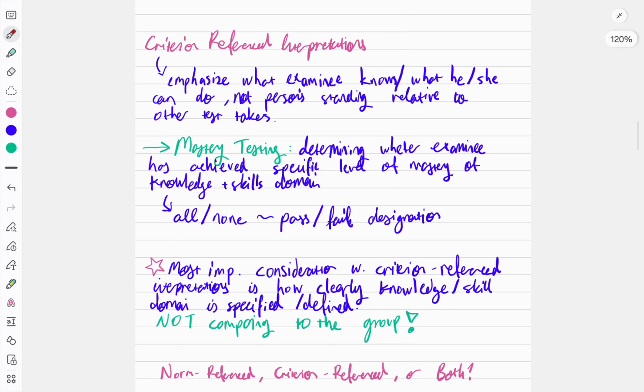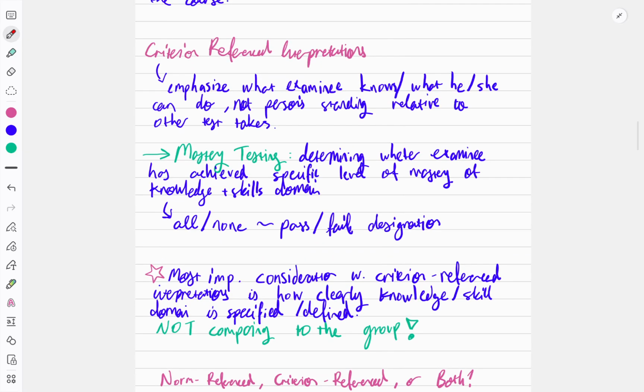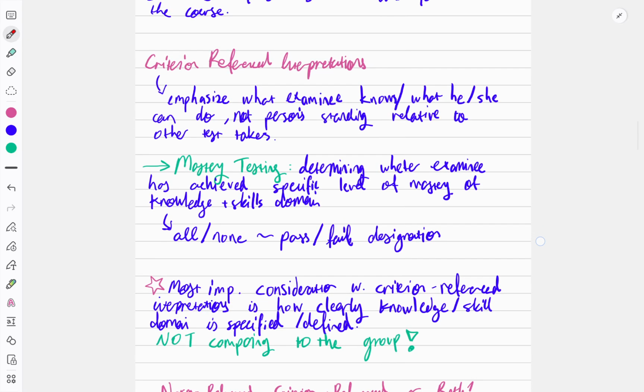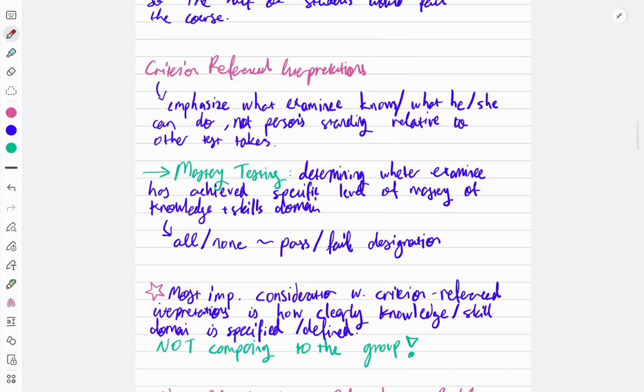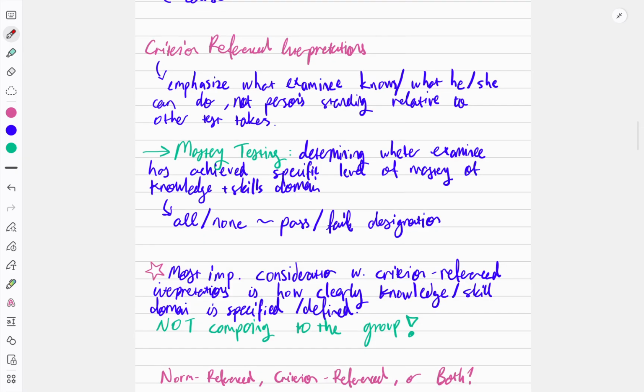So let's go now with explaining criterion reference interpretations. We have explained them briefly, but basically they emphasize what the examinee knows and what he or she can do, not just the person's standing relative to other test takers. There's mastery testing, when we determine whether the examinee has achieved a specific level of mastery of knowledge and skill domains.